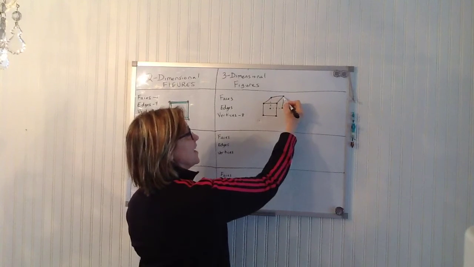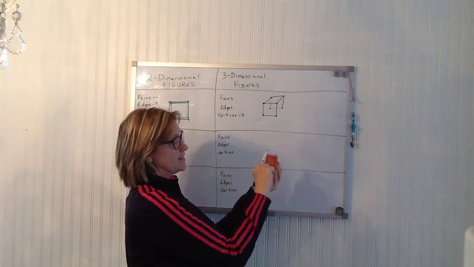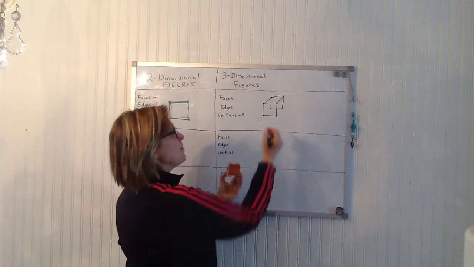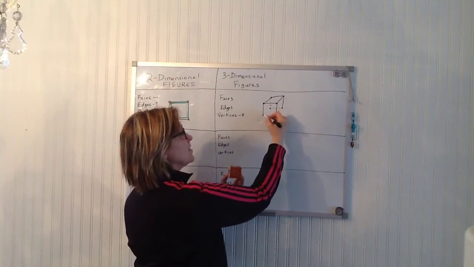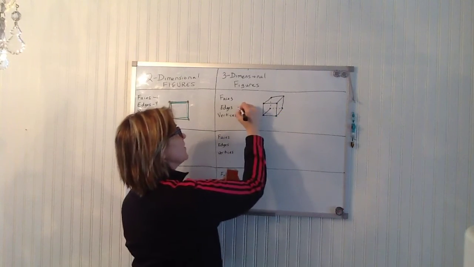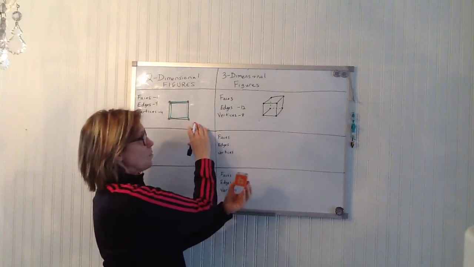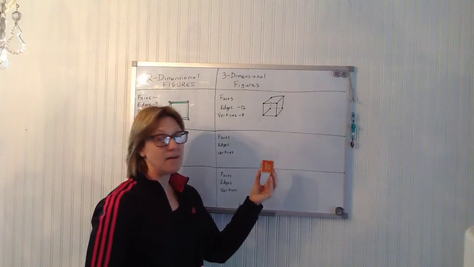Here's my next edge, there's my 10th edge, that would be these two, connecting the front to the back. The bottom has to connect, so I had 10, this would be 11, and this would be 12. So once my square turns into a 3D cube, I now have 12 edges.